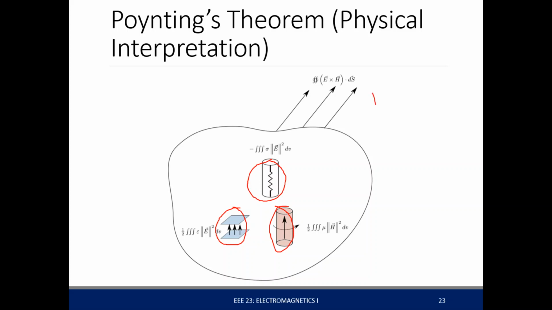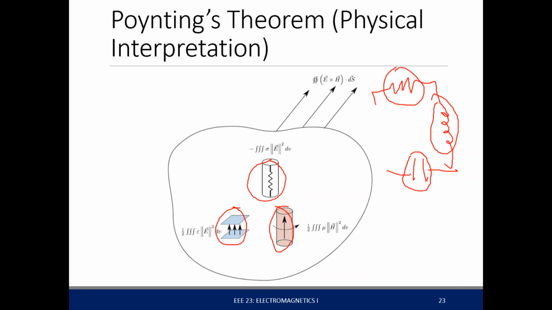It's your RLC circuit. Sorry. Let me just try to draw it. And there you go. So your resistance dissipates power, your inductance stores power in terms of its magnetic field, and your capacitance stores power in terms of its electric field.